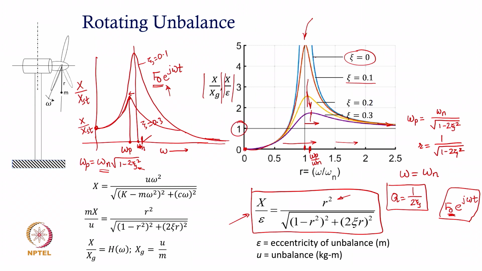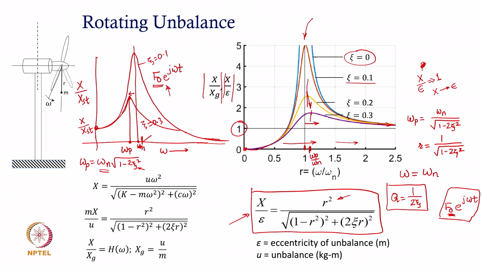Is approaching a value of 1. And what does that signify? That at very large rotational speed, this amplitude of response x over epsilon will approach a value of 1, which actually means that the amplitude will approach a value of eccentricity.